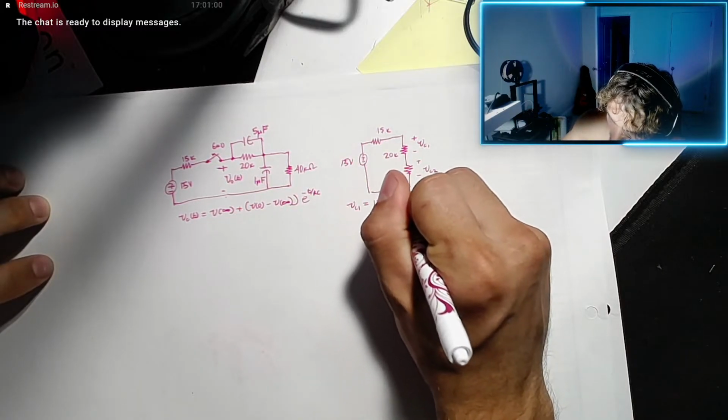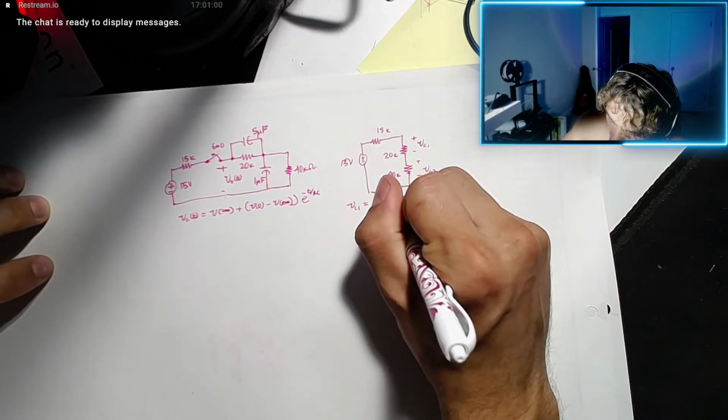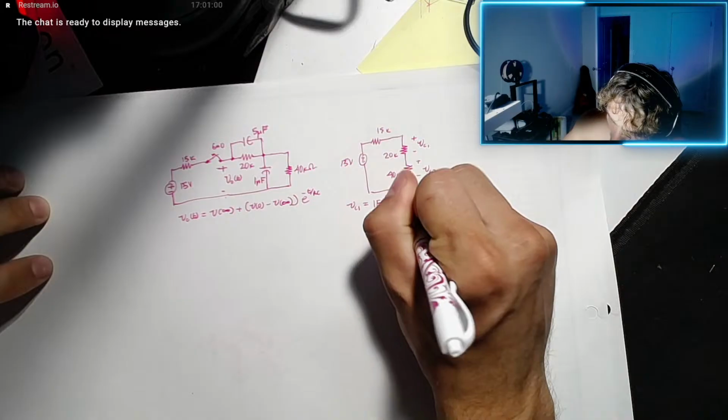Multiplied by 20, 15, 35, 40, 75. 75K. Equals.